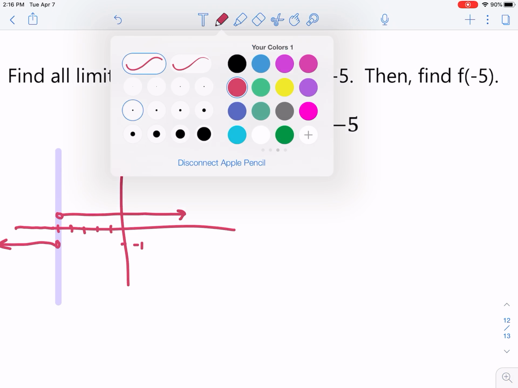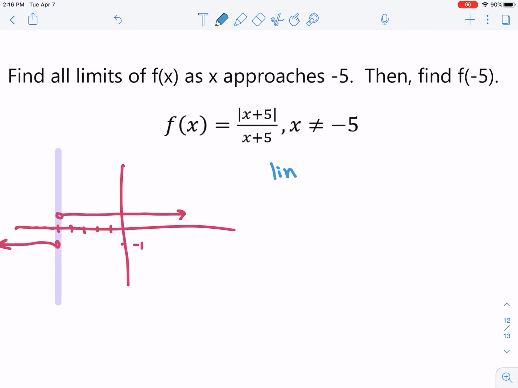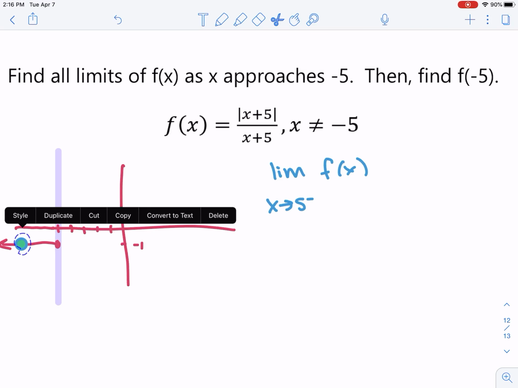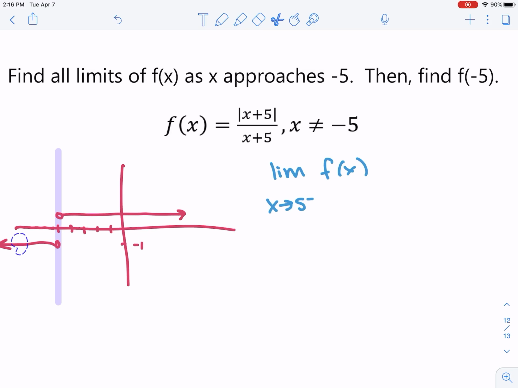Now it said find all limits, so I'm going to draw my guide right there. If I take the limit as x approaches -5 from the left of f of x, I'm approaching what y value? I'm approaching -1, right?